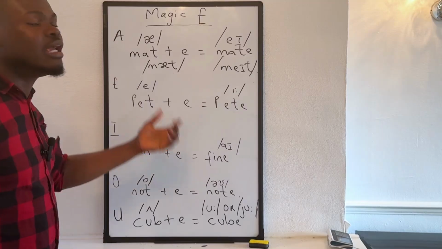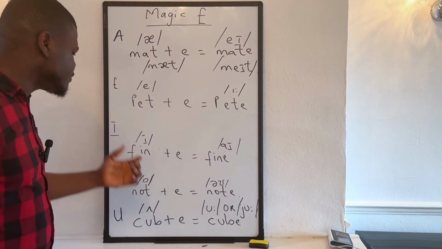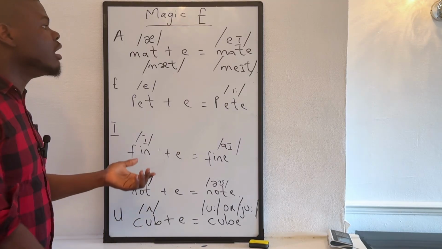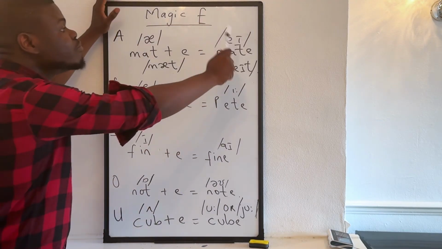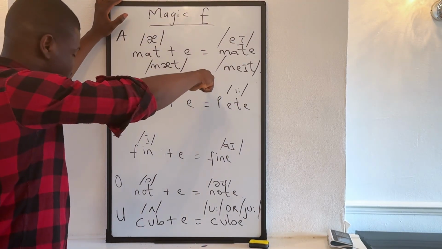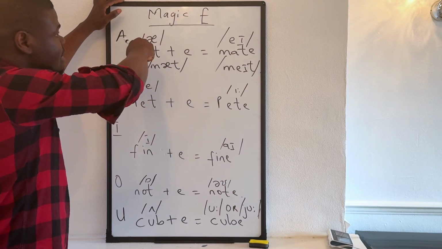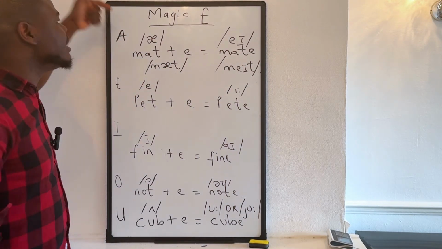Letter I sounds I, that's the sound it would give us most times in words. Letter O sounds O, and letter U sounds uh. Yeah? Now, however, when we add the magic E, each of these letters, each of these sounds rather, go back to the name of the letter.